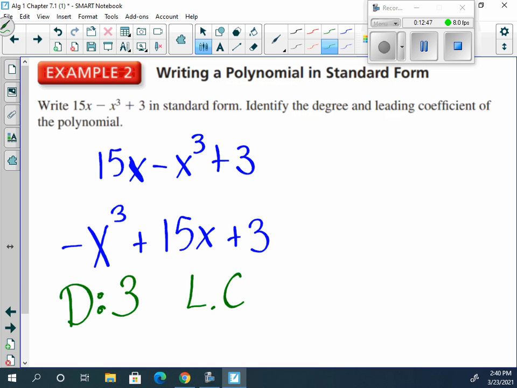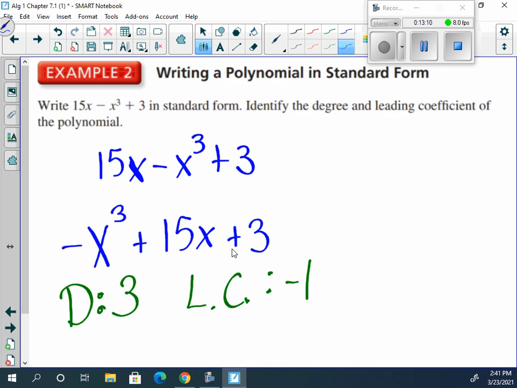Now the leading coefficient, I'm going to call it LC, is always going to be the number in front of the variable with the biggest exponent. So we've just said the biggest exponent is 3 with the x to the third. Now, what is the number in front of x to the third?